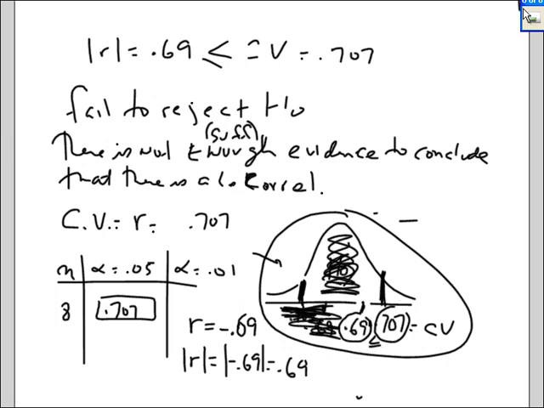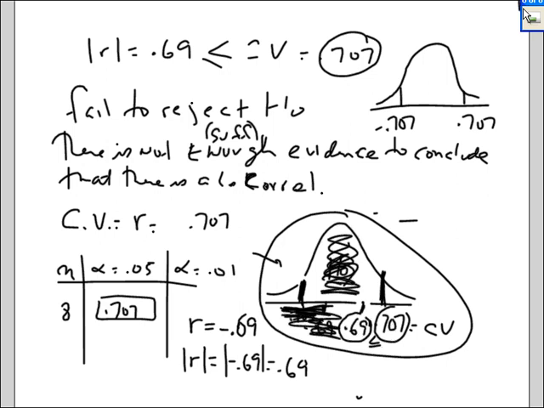The other alternative is that the cutoff, the critical value, is negative 0.707 and positive 0.707.